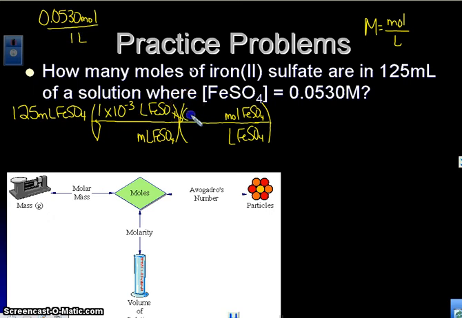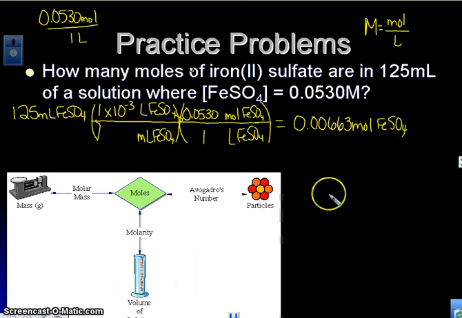So we want to put our 0.0530 with our moles and our 1 with our liter. Now you should be calculating this on your calculator if you did not get the answer correct the first time you worked the problem. And you should get 0.00663 moles of FeSO4.